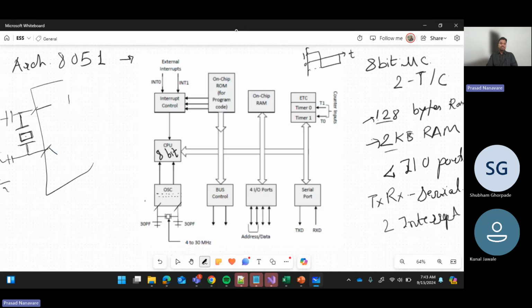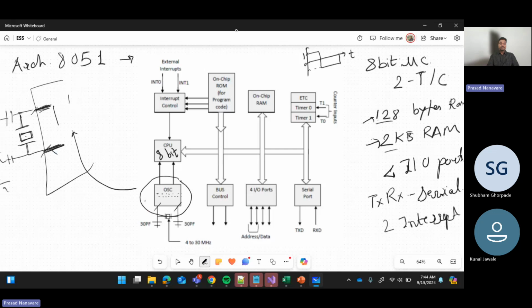Inside of the controller, we have the output of this crystal, which is a constant frequency. But this needs to be converted into a proper clock cycle. How will we be able to do that? With the help of this oscillator part. I'm going to draw it over here.